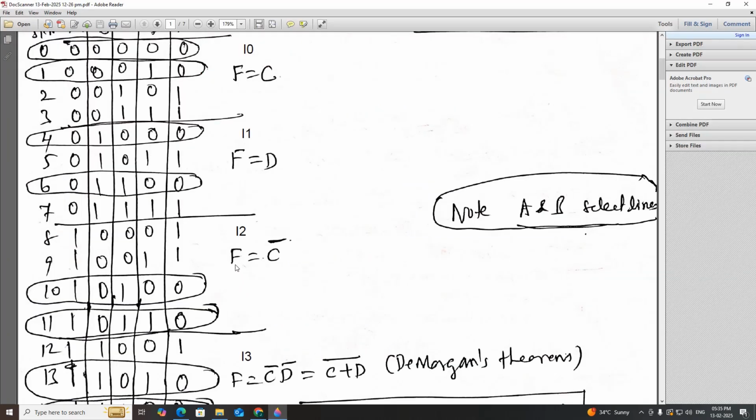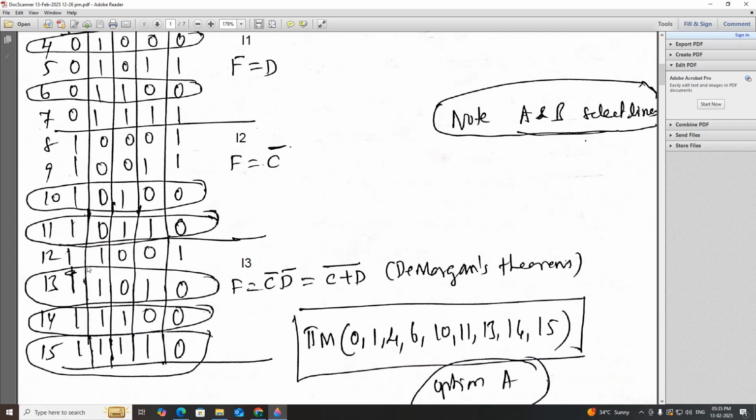So f is equal to C bar. Whatever C is, f is the complement of C. So C is 0, f is 1. C is 1, f is 0.